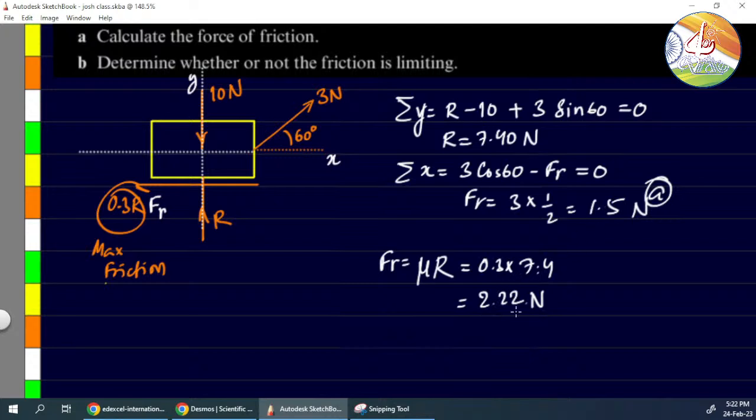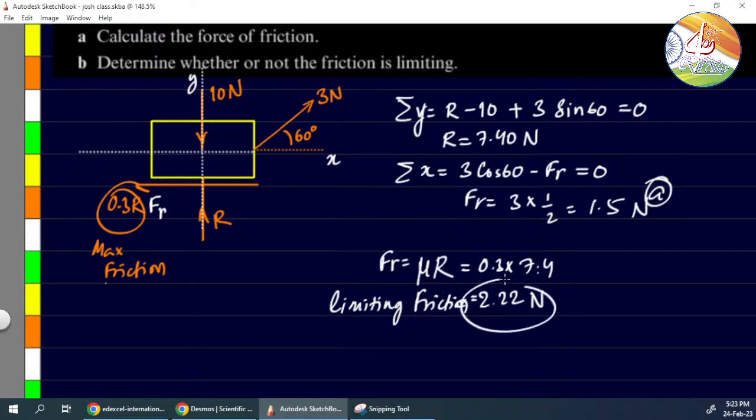Now compare these two and tell, is it at limiting friction? The friction required here is less than the limiting friction. So is the object moving or stationary? Stationary.